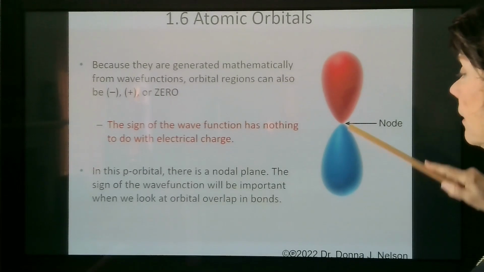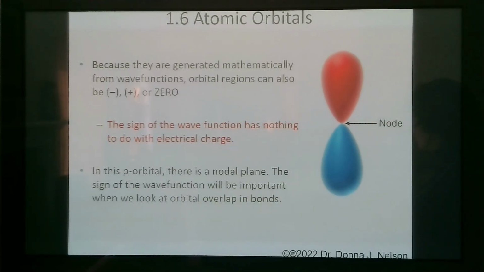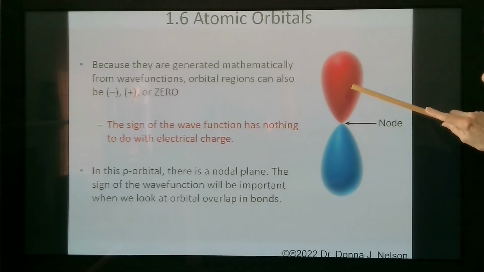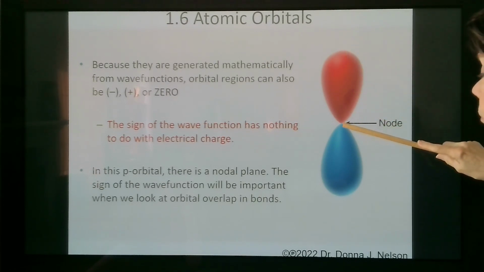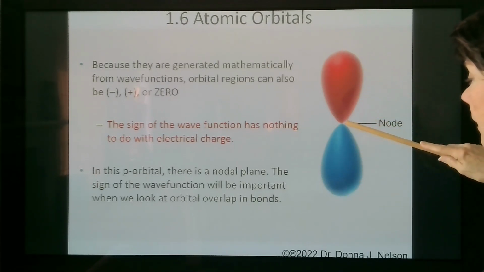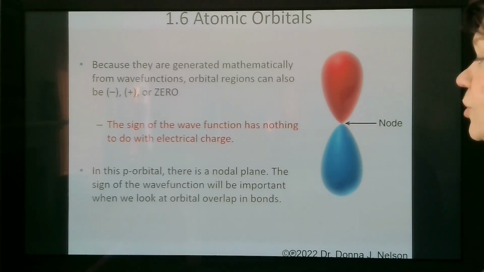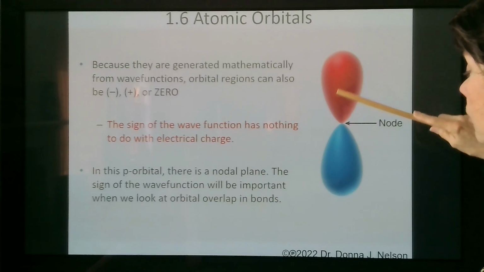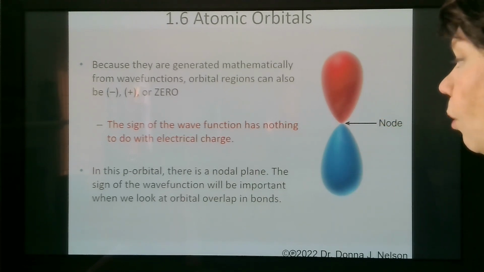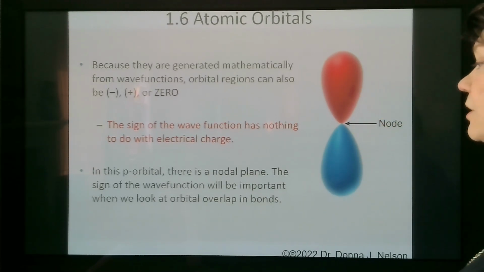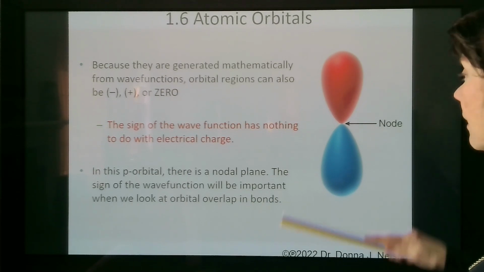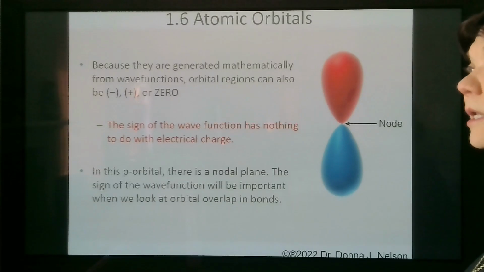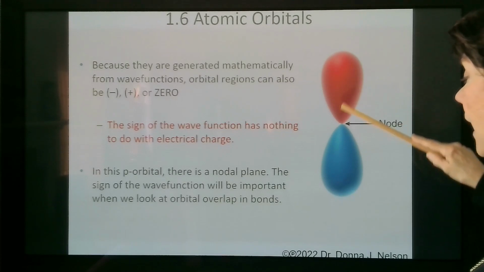This orbital can occupy one electron or two electrons. And sometimes you'll see these lobes assigned colors, the red lobe, the blue lobe. Sometimes you'll see the lobes assigned a positive charge and a negative charge, or vice versa. It doesn't really matter. It can be assigned red and blue, or it can be assigned green and yellow.